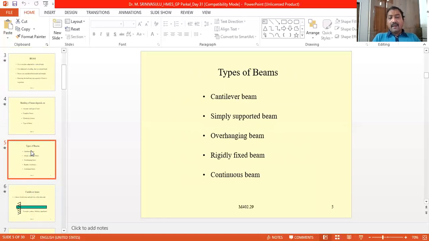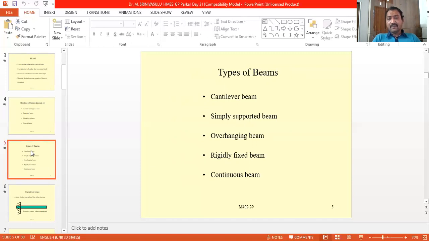Now the types of beams. A beam is a horizontal member subjected to vertical loading. Depending on the location of the supports, the beams are classified into the following types.